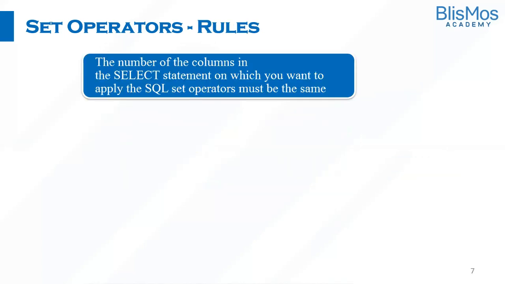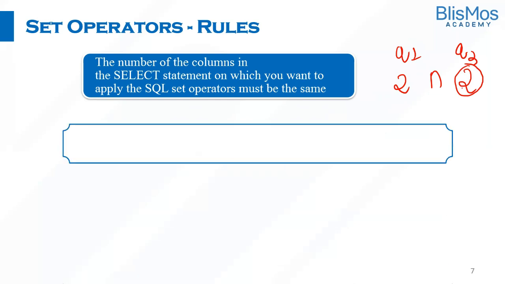We do have some rules. What are they? First and foremost thing is when you have two queries, query 1 and query 2, the number of columns must match. Let us say you have two columns in query 1 and there is a set operator here. You should definitely have only two columns in the other query as well. You cannot have three columns here, two columns here. That is not going to fly. So that is the first important thing.